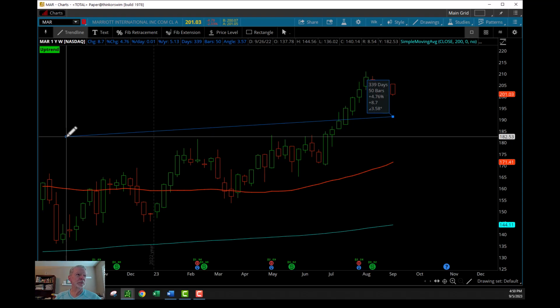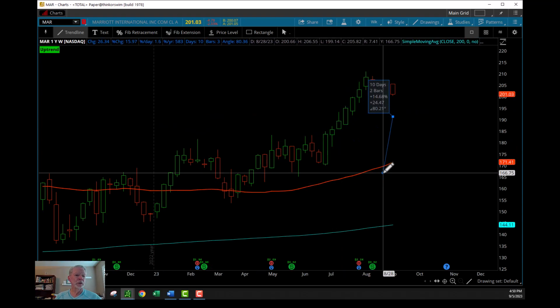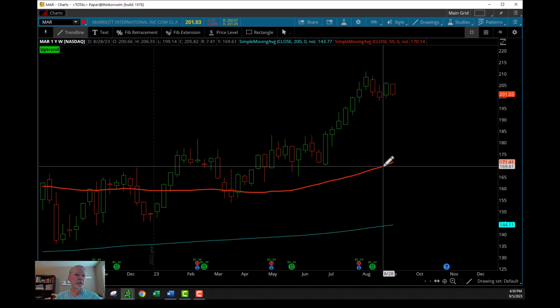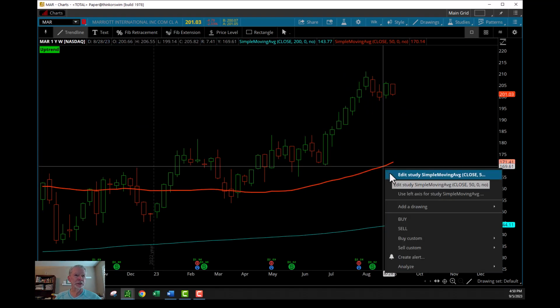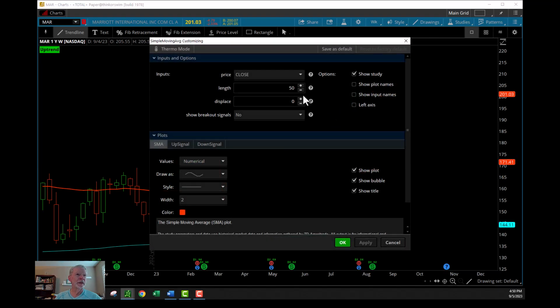It's a long time. So in this case, if you change to a weekly and you still want to see your 50-day moving average, change that to a 10. 10 fives is 50.